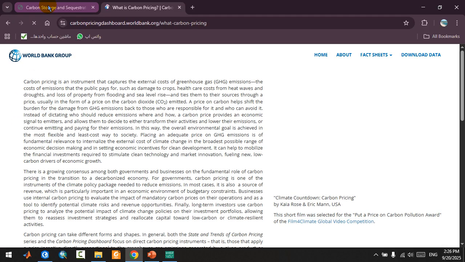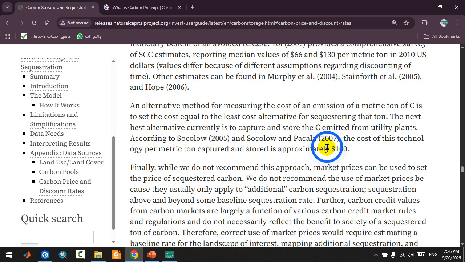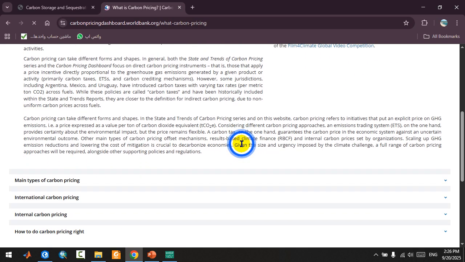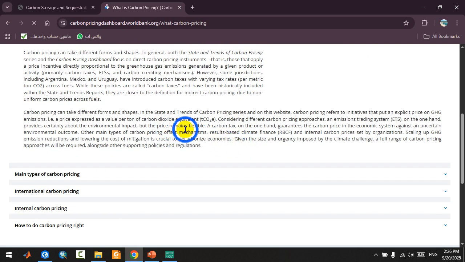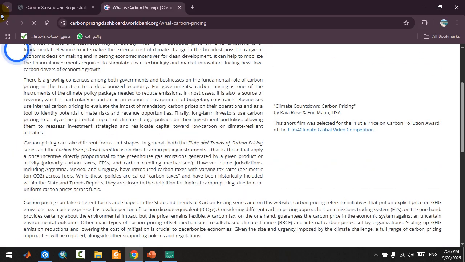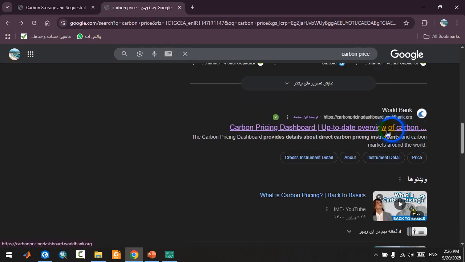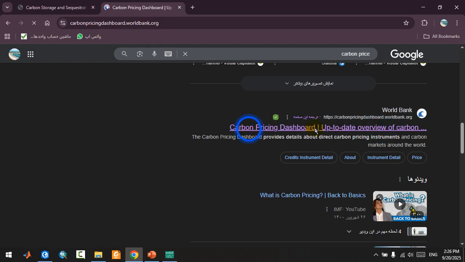Also, we import the $100, no problem. In this description, write about the carbon price. For example, the World Bank is the standard reference.